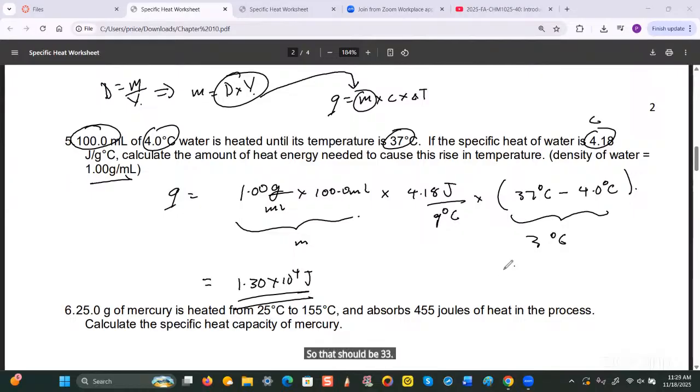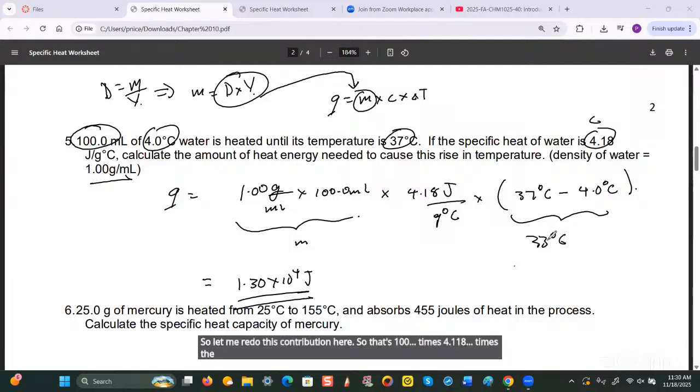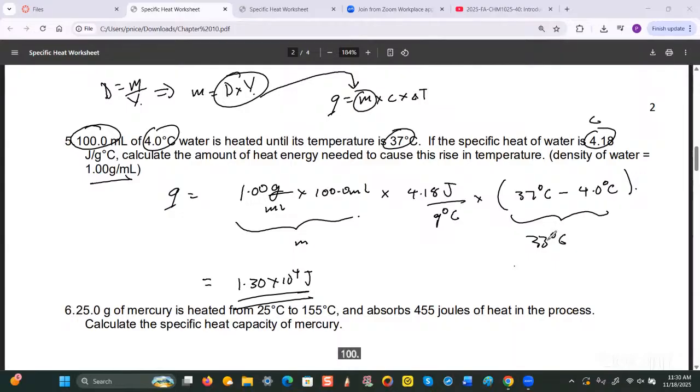So that means that the answer I got is incorrect. So let me redo this calculation here. So that's 100 times 4.18 times 33. Okay, so this time I got 1.38 times 10 to the 4.